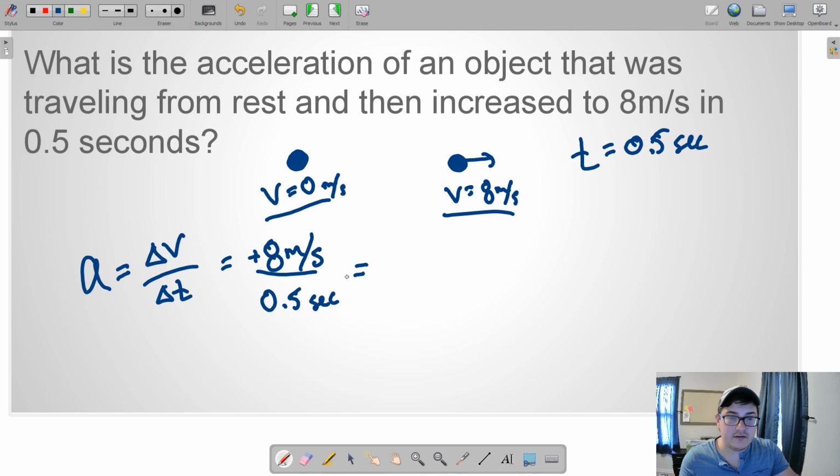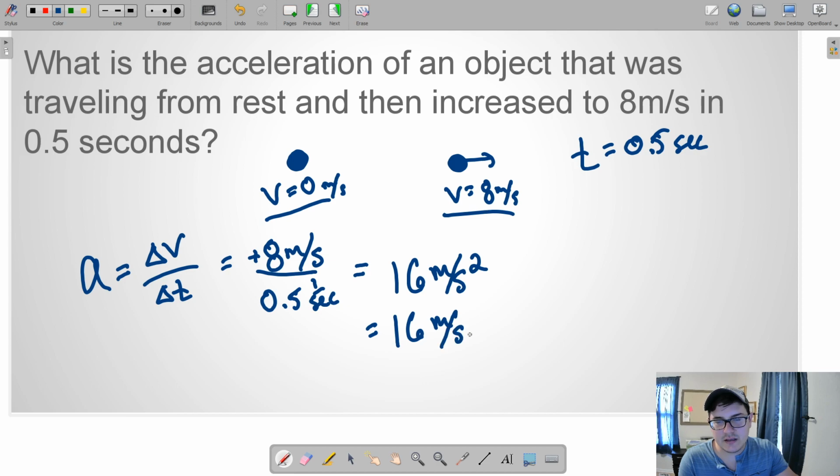Plug it into my calculator. 8 divided by 0.5 will get us 16 meters per second. Uh-oh, do these seconds cancel out? Well, both of these seconds are technically on the bottom. So this turns into meters per second squared, or 16 meters per second per second.